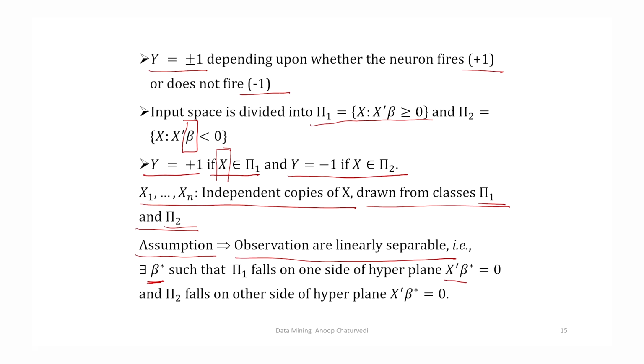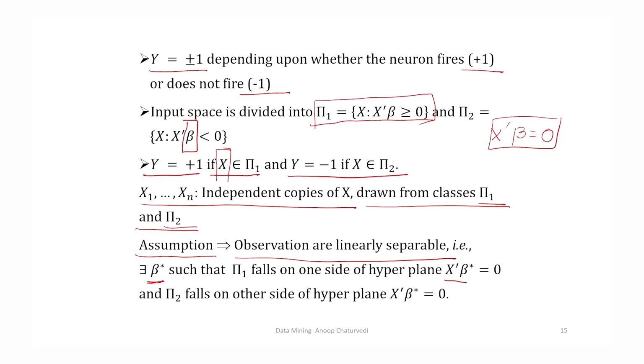Notice that pi 1 is the set of values of x such that x transpose beta is greater than or equal to 0 and pi 2 is the set of values of x such that x transpose beta is less than 0. Now, which hyperplane is separating these two sets pi 1 and pi 2? X transpose beta equal to 0. So, this is the hyperplane which is separating pi 1 and pi 2.